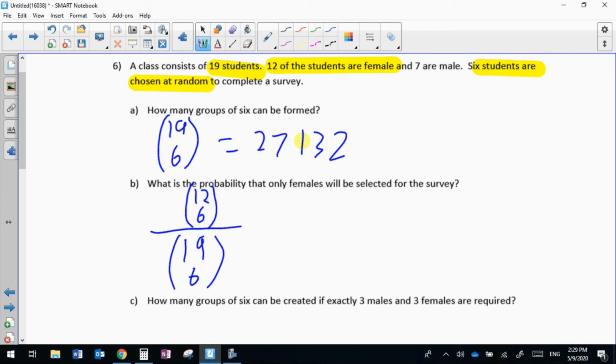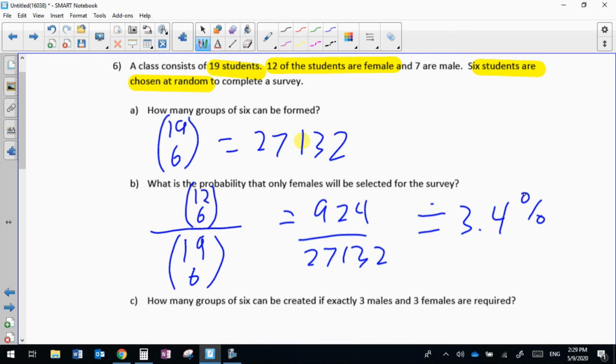So imagine if the 27,000 different groups had all the names of each 6 of them written out. 12 choose 6 would be the number of groups where there are just females in the class. If you figure that out, you get 924 divided by 27,132, and that's about 3.4% if you divide those numbers and multiply by 100.